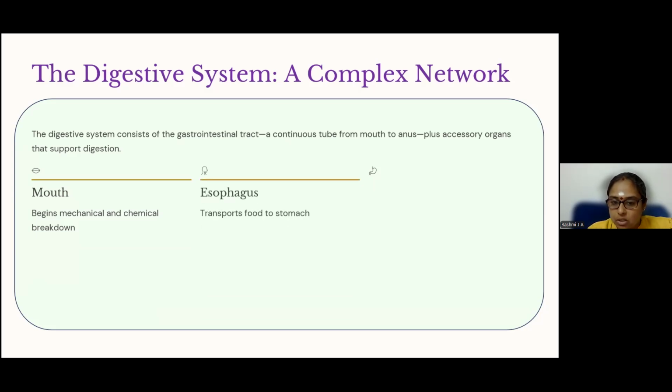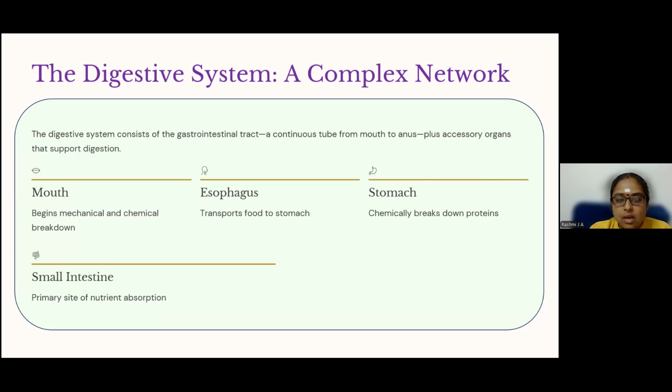The next is the esophagus, the tube which transports food from the mouth to the stomach. Then there is the stomach itself, where the chemical breakdown of proteins happens. Then the small intestine is the primary site of nutrient absorption. Then the large intestine absorbs water, forms the waste, and expels it out.